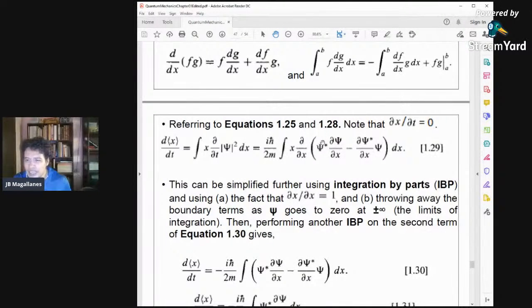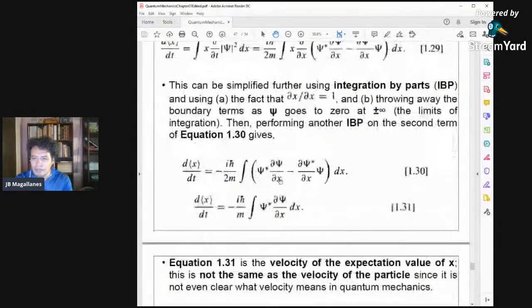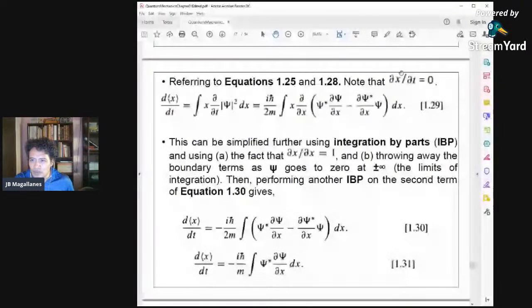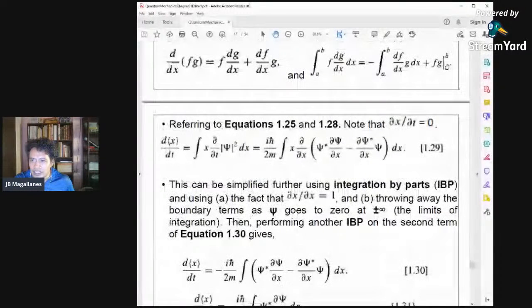If you evaluate this from negative infinity, everything is 0, and if you also evaluate this at positive infinity, everything is also 0. So this part of the integral, you're left with this one, so that's negative i h bar over 2m, and then the integral from negative infinity to positive infinity of this expression.